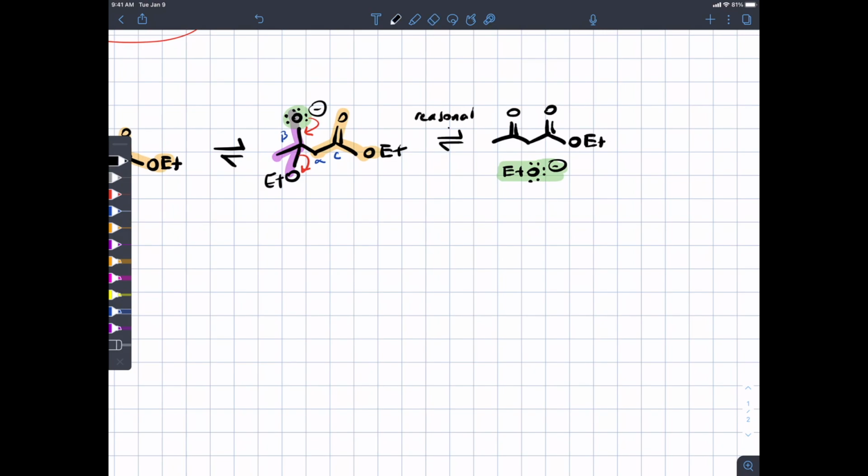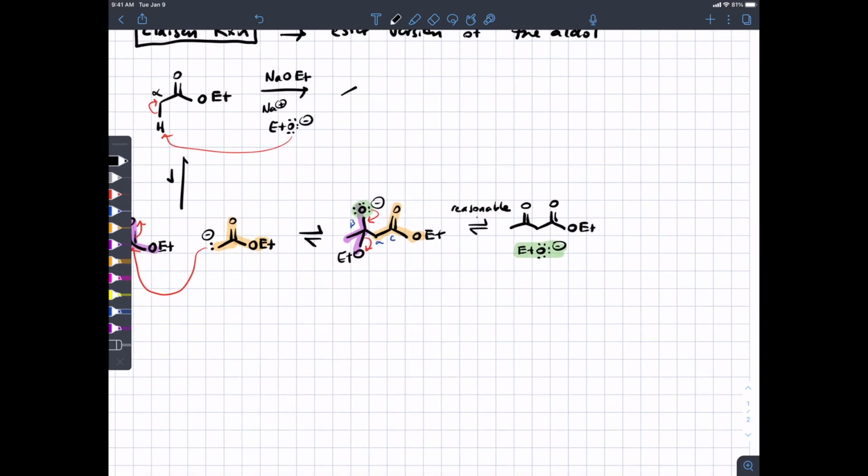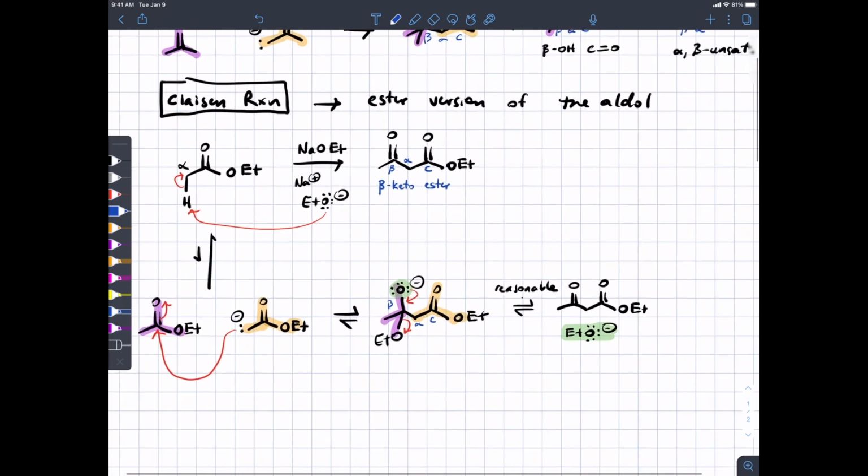So remember, a negatively charged oxygen can kick off another negatively charged oxygen leaving group. Now, this ultimately is our Claisen product. Unlike the aldol, it's not a beta hydroxy carbonyl compound.